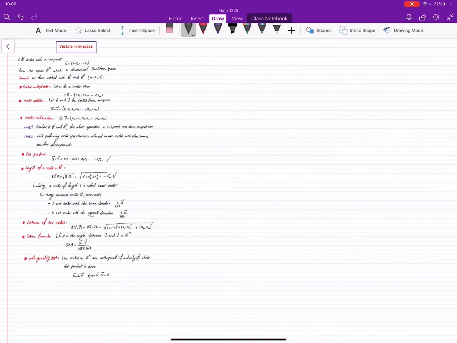Scalar multiplication, vector addition, and vector subtraction are component wise. Dot product is multiplying the corresponding components, then adding them. Length can be found similarly. Distance, cosine formula and orthogonality test still hold.